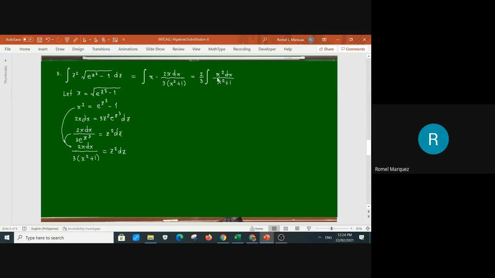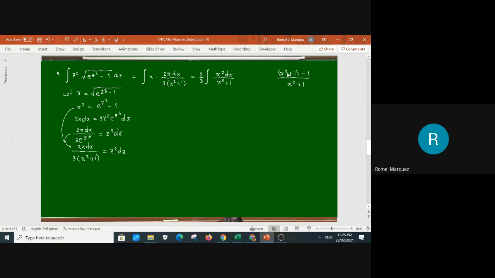It is an improper rational function, so you're going to divide first. By long division, we get what, guys? But we can do it in a shortcut way. You add 1 so that it becomes the same as the denominator, but you have to subtract 1 so that this is the same as the original x squared over x squared plus 1.